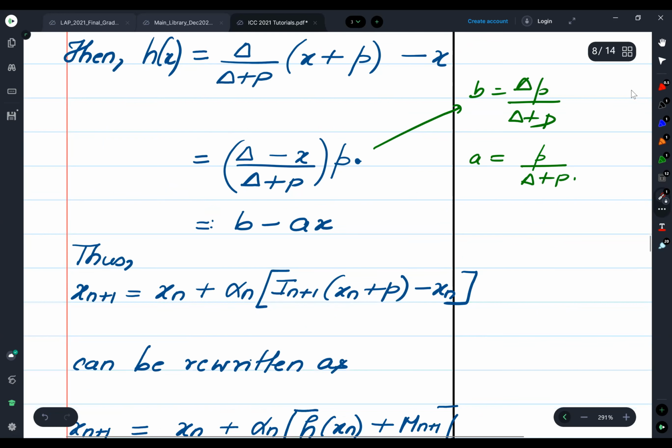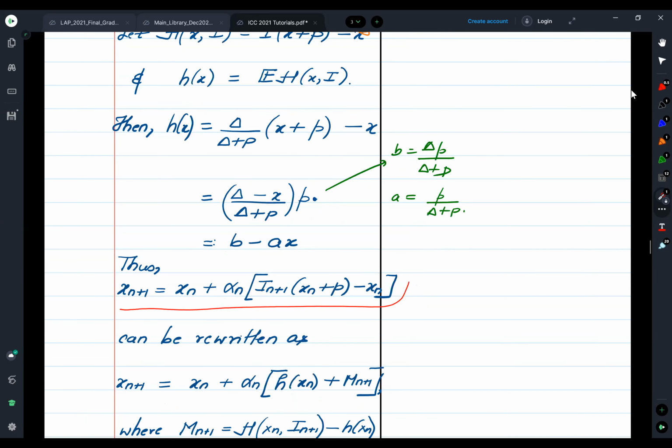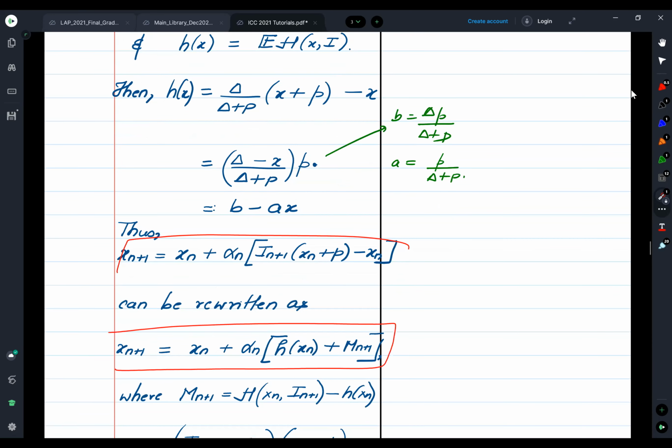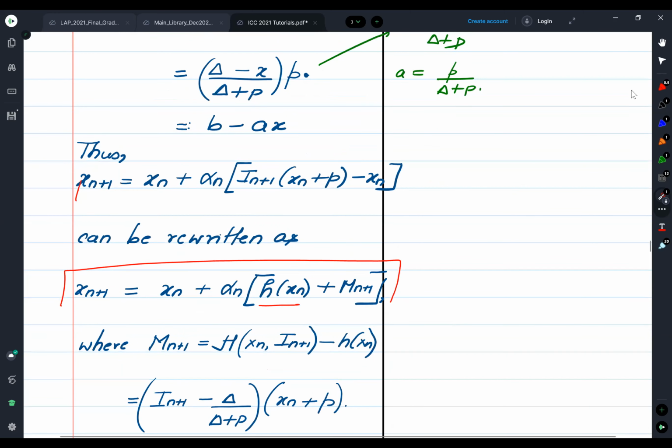If you recall our algorithm that we used to estimate this delta, I can now rewrite this update rule in the following form. I rewrite this expression as h of xn, and since I am artificially introducing h of xn here, whatever is here I subtract h of xn from it, and that I refer to as mn plus 1.